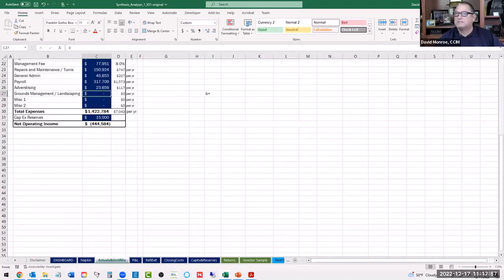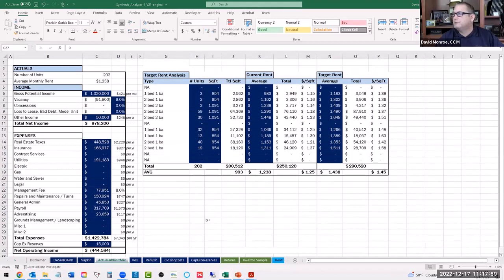Okay, so we have 1,422,784 in total expenses. So let me verify that real quick. I got 1,418,177. So something's a little higher than it should be, and it could be because I didn't round anything. But that's not a big deal. There might be one little thing that was missed on all this.